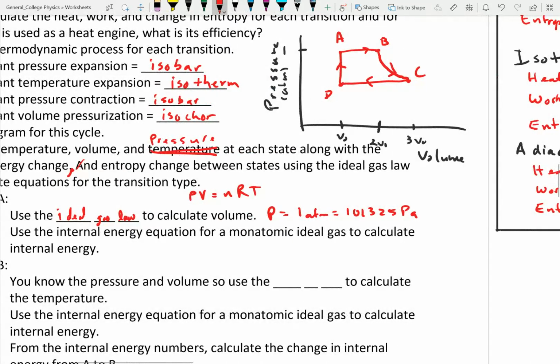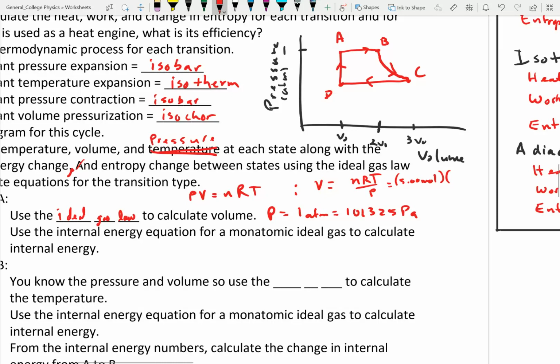So using PV equals nRT, that's going to then tell me that V is equal to nRT over P. That's 5.00 moles times R. Well, now we have an issue. What R do we use? There's multiple R's. And this is the true reason why I chose to use these units.